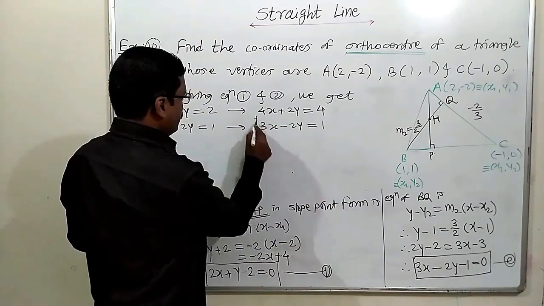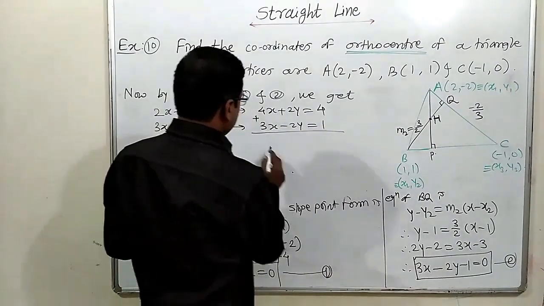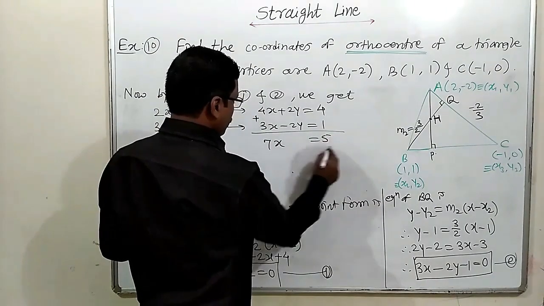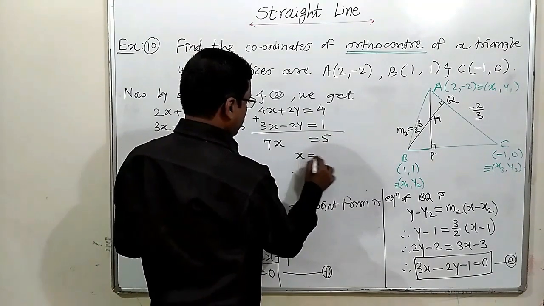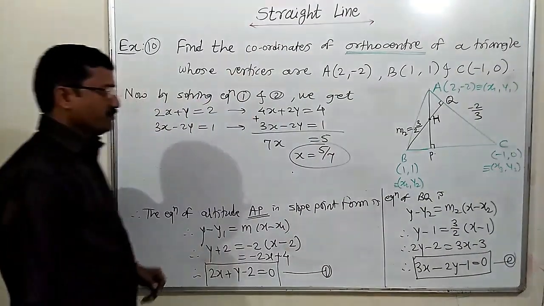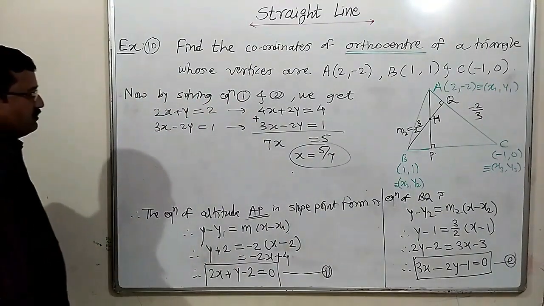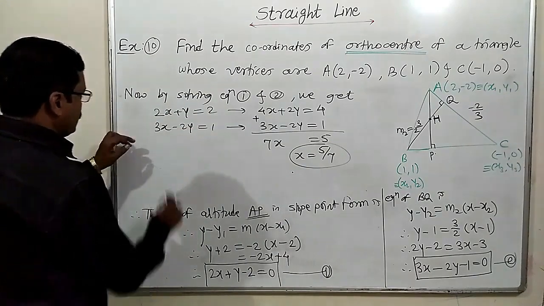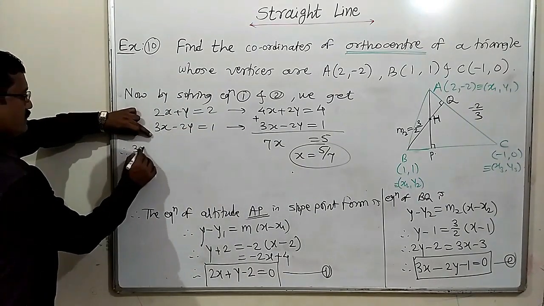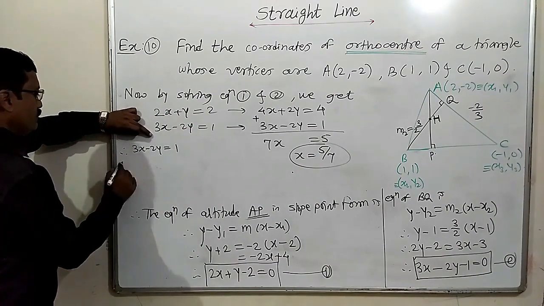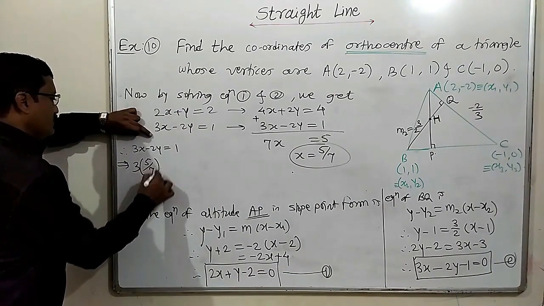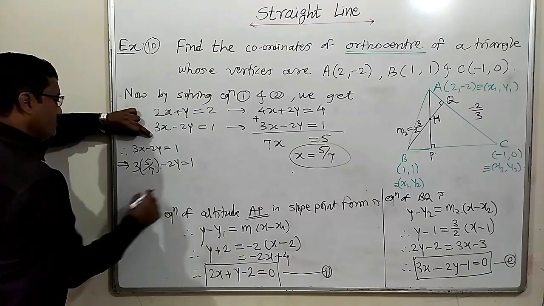So adding these two equations, we get 7x equal to 5, which implies x equal to 5 by 7. So this is the x coordinate of point H. Put x equal to 5 by 7 in any one of these equations. I will put here 3x minus 2y equal to 1, which implies 3 into 5 by 7 minus 2y equal to 1.